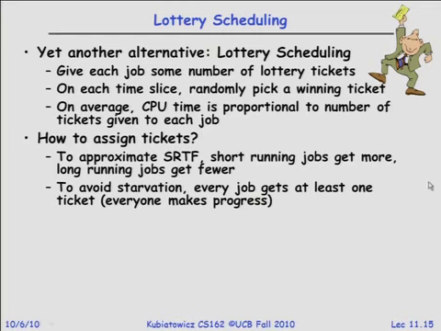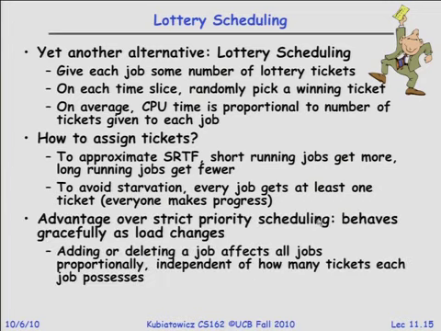You could make it absolutely true by using a pseudo-random function that made sure you went through every ticket once before you went through tickets again. The advantage over strict priority scheduling is that this behaves gracefully as the load changes. As you add or delete jobs, everybody proportionately slows down or speeds up, and you still make sure that there is no starvation.